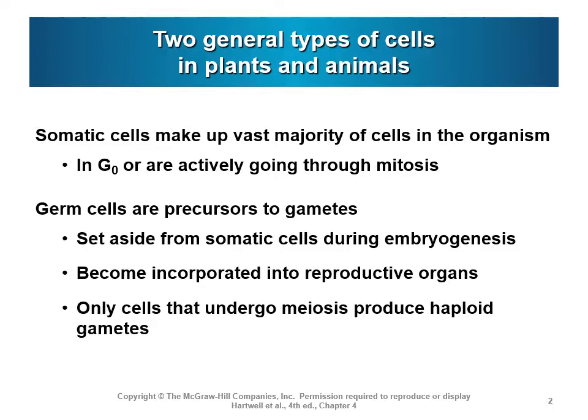We also have germ cells, which are the precursors for gametes, set aside from somatic cells during embryogenesis. For example, sex cells are the only ones in our organs that go through meiosis and produce haploid gametes.